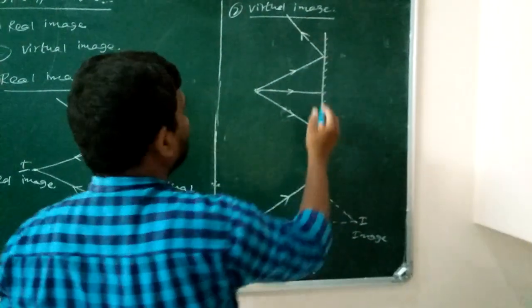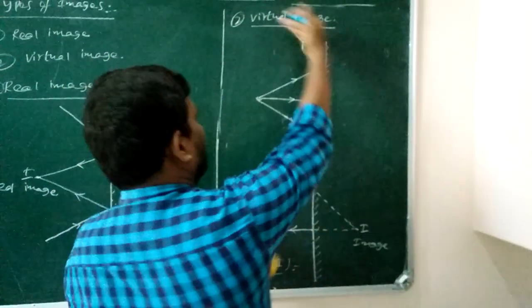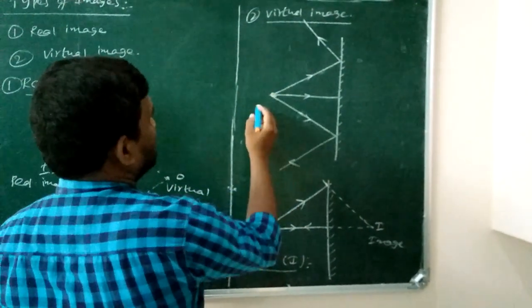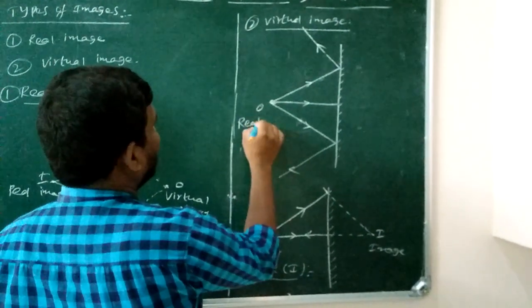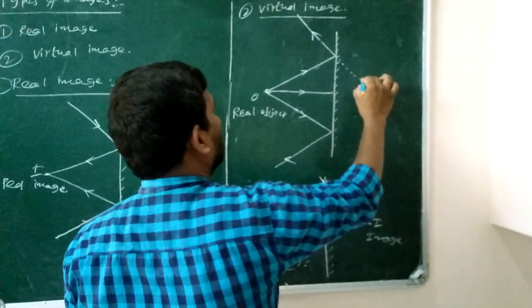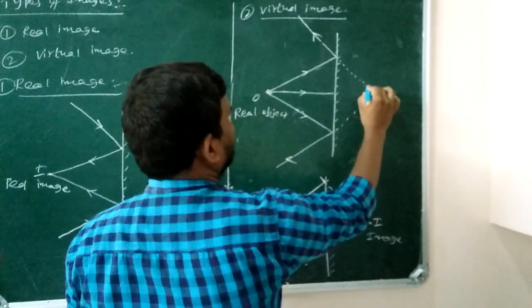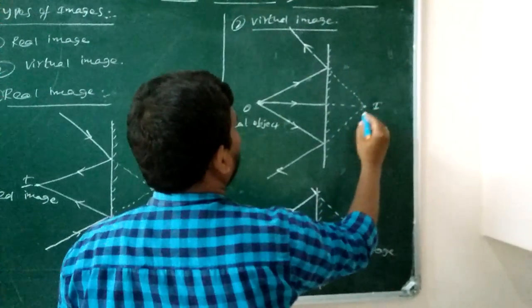Here the rays diverge after reflection. This is the object, which means the object is a real object, and the image formed here is called a virtual image.